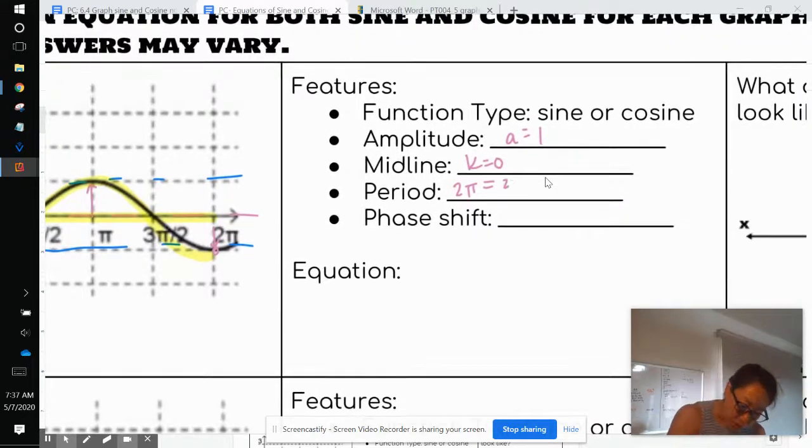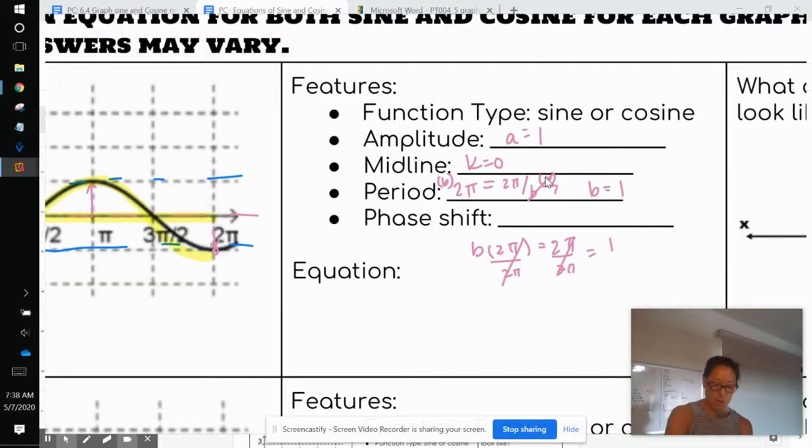So I do 2 pi over B, and you solve for B. So I'm going to multiply B by both sides to cancel. I'm just going to do it under here. B times 2 pi is equal to 2 pi, and then divide by 2 pi, giving me 1. Okay, so B is equal to 1. And the phase shift, we're not going to worry about right now.